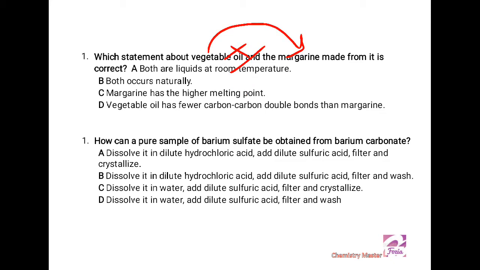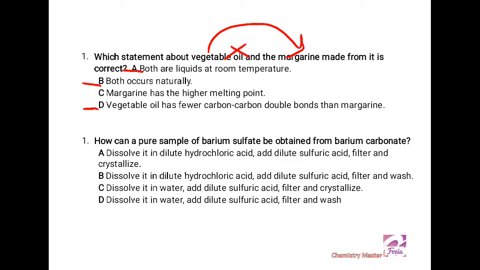Statement A, both are liquids at room temperature. No, vegetable oil is liquid but margarine is a solid. B, both are naturally occurring. No, vegetable oil is naturally occurring and margarine is industrially made by hydrogenation. D, vegetable oil has fewer carbon-carbon double bonds.